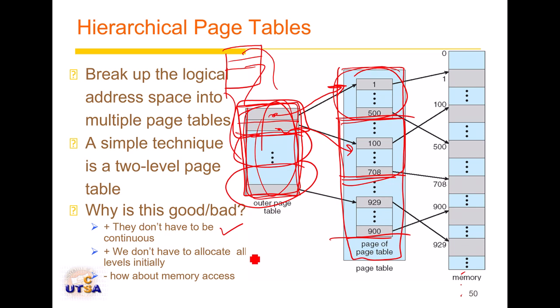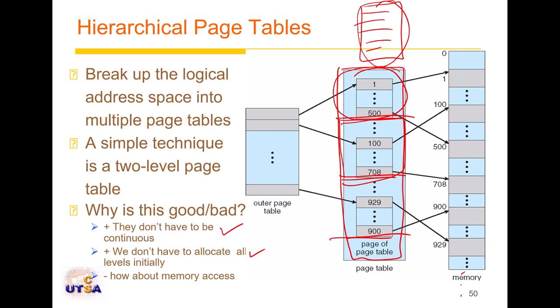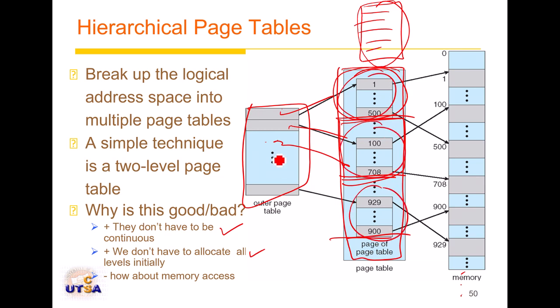The other good thing may not be clear at this point, but here is the idea. If I use a single level page table, then I have to allocate that whole page table, whether I need all these entries or not. But in a hierarchical scheme, after allocating the first level page, if I just need to use this one and this one, assuming that these 3 second level pages will be enough, and the other pages are not needed, I can just say these are not needed.